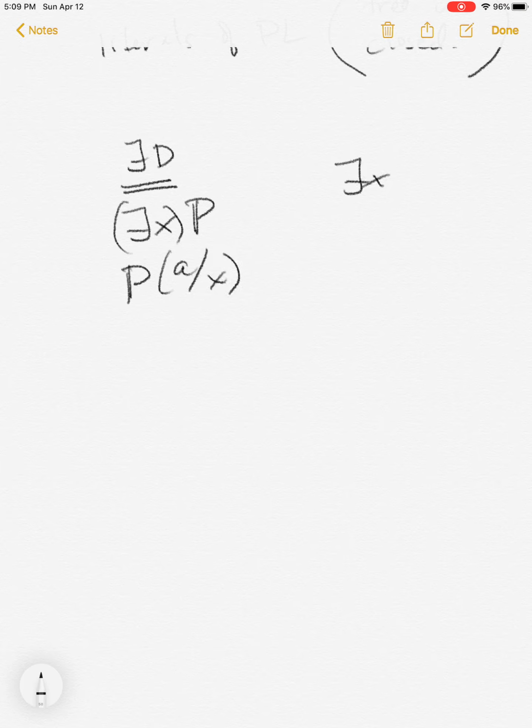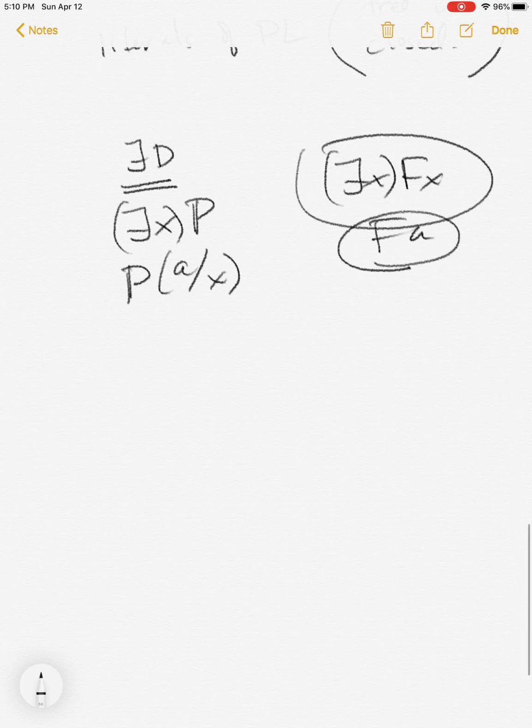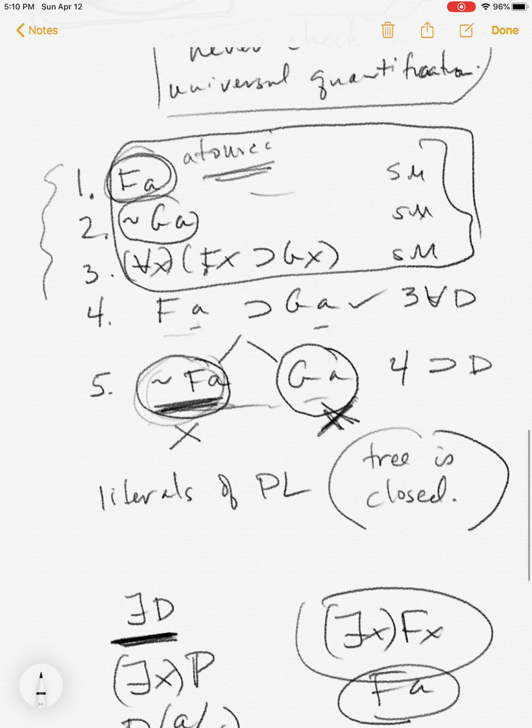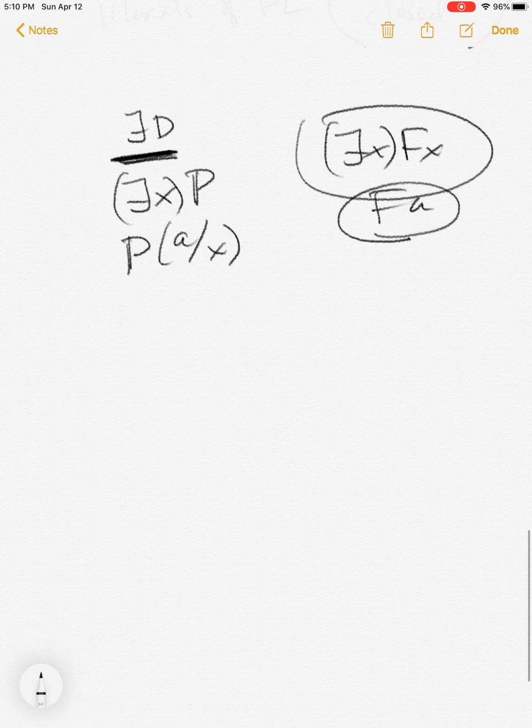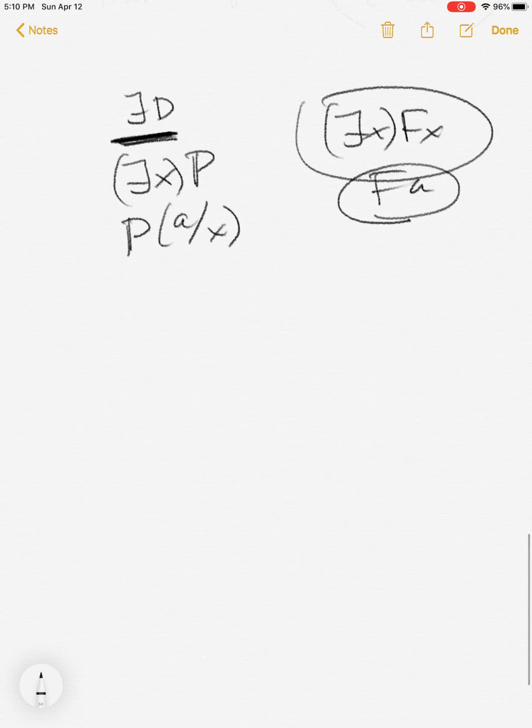So for instance, there's something that's F. There's at least one thing in the universe that's F. Well, I'm going to call it A. So I get that from this existential quantification by existential decomposition. There was this little detail that we never check a universal quantification when we apply universal decomposition. There's another detail, a significant one, when it comes to existential decomposition.